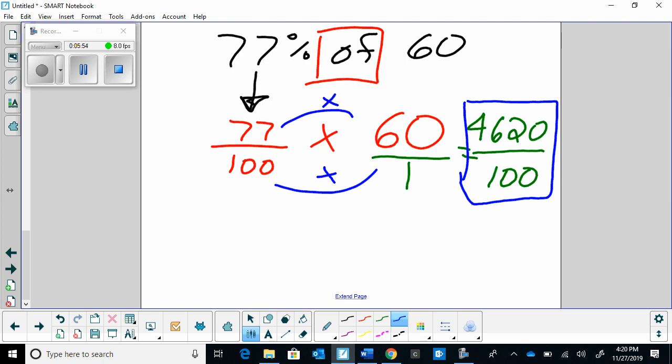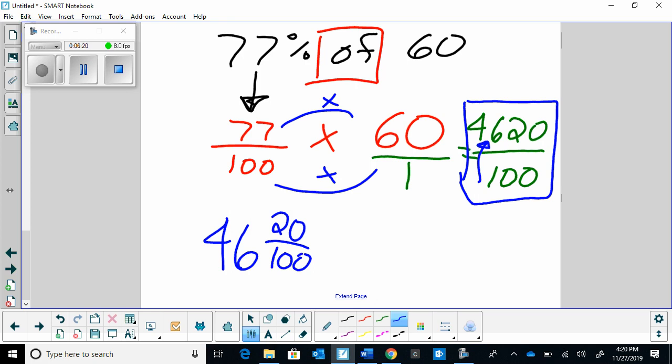So how many times does 100 fit into 4,620? It for sure fits in 46 times, with a little bit left over. 46 times 100 is 4,600, so what we have left is 20 out of 100.